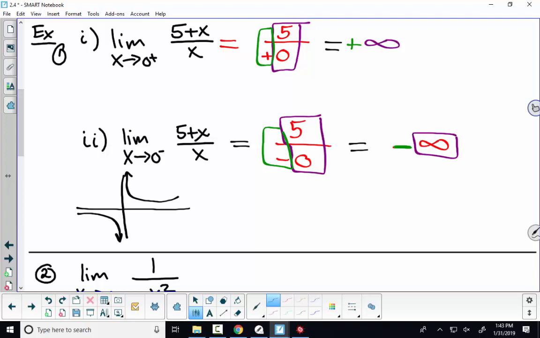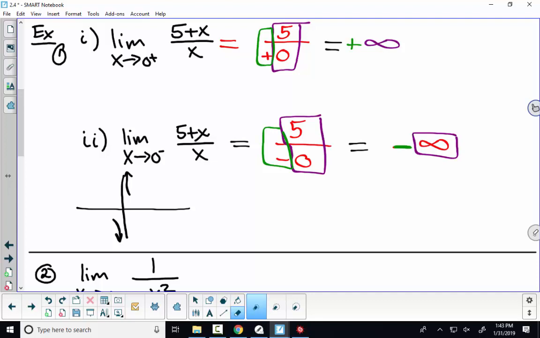So those two limits give us this picture. It doesn't give us the complete picture, so I'll erase this right here, but it does give us this information here and here. Everyone all right with that?